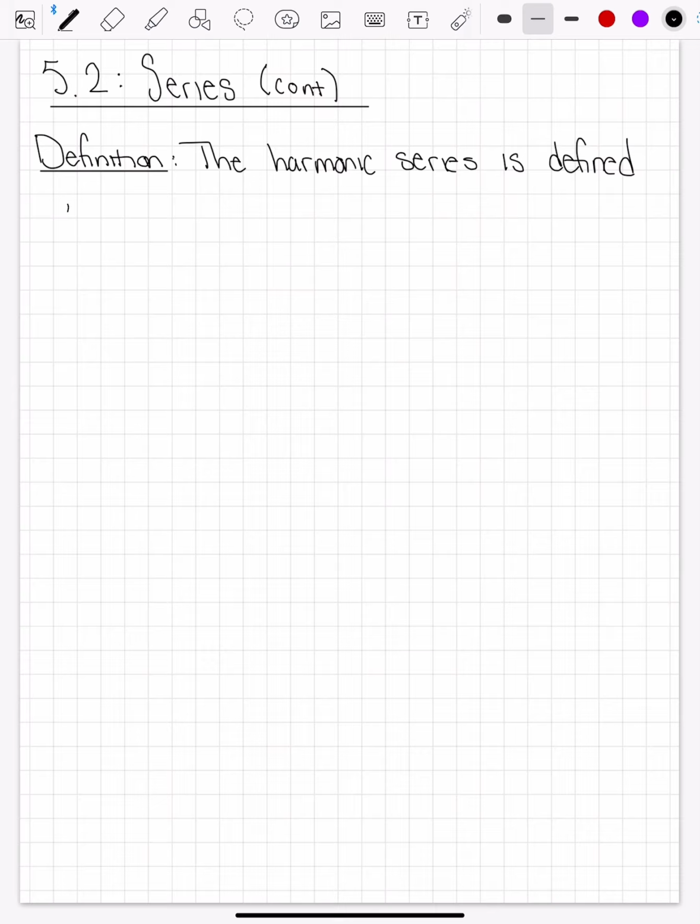When you make n go to infinity, 1 divided by a huge number is going to go to 0. But the series, this sum here, actually diverges to infinity. So when you look at the sequence of partial sums, you'll see that the sum is always increasing, and it keeps increasing and increasing until it goes off to infinity.